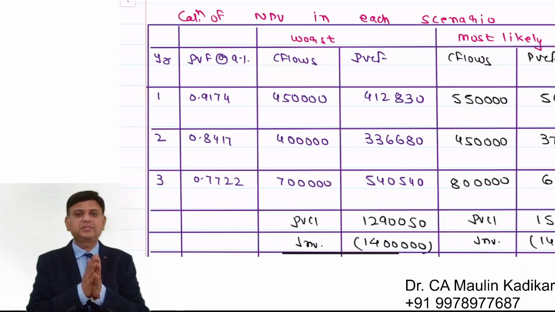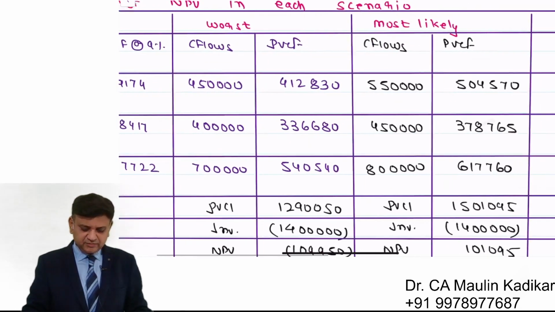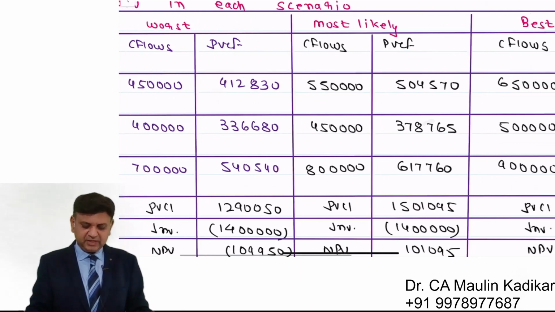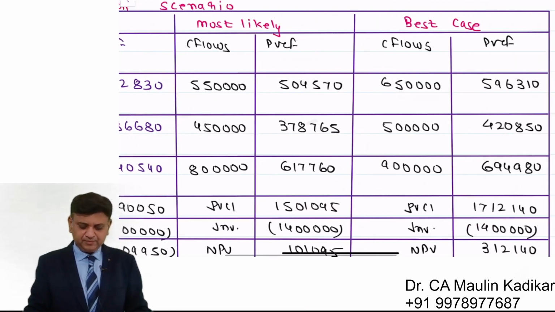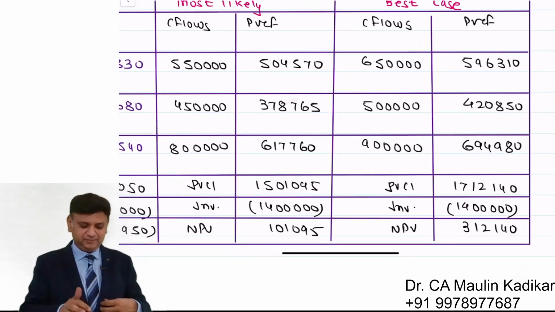So friends, for the purpose of NPV calculation, in each of the scenarios, whatever cash flows we are going to receive will be discounted in present value terms, and with that NPV is found.